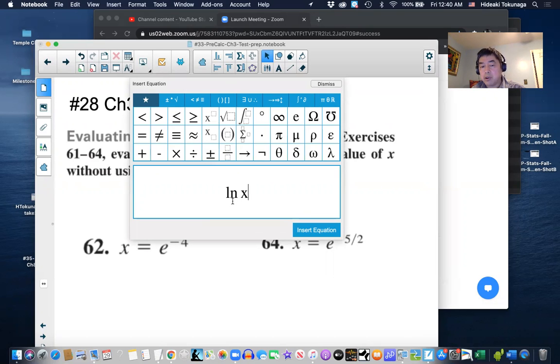Natural log means logarithm base e, okay? So same thing here: natural log of e to the -4, okay?